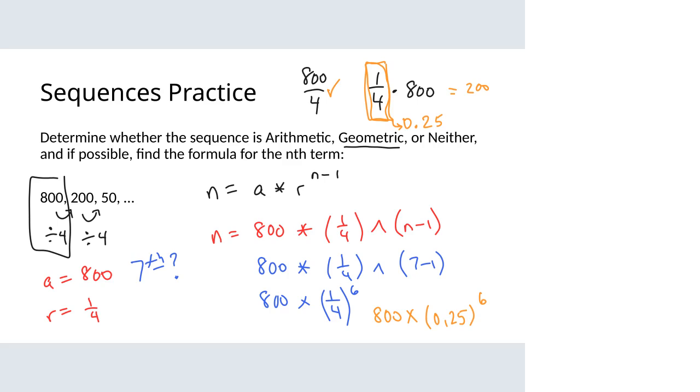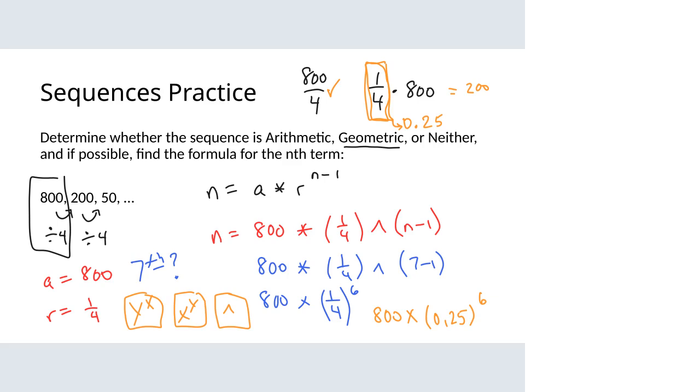What you do have, though, is a button that's either y to the x, x to the y, or a caret. And that just depends on the calculator you have. But you should have one of those buttons. What that button does is allow you to take any number you want and raise it to any power you want.